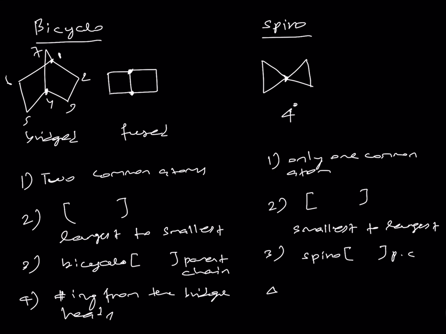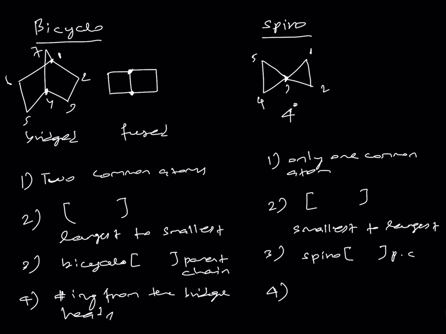But in the case of Spiro, it goes adjacent to the quaternary carbon. So basically, you have to number either from this side or that side. So it's adjacent. So 1, 2. Here this molecule is very symmetric, so you can basically number from anywhere. So let's just complete this. 1, 2, 3, 4, 5.